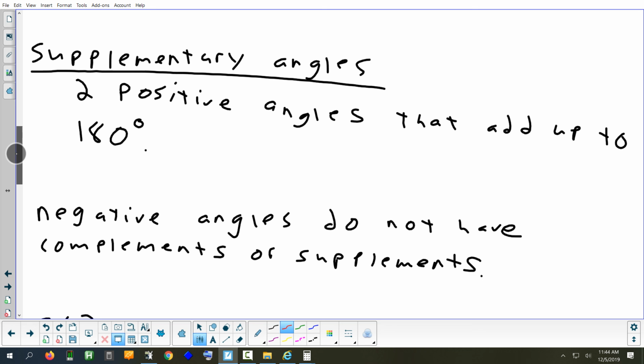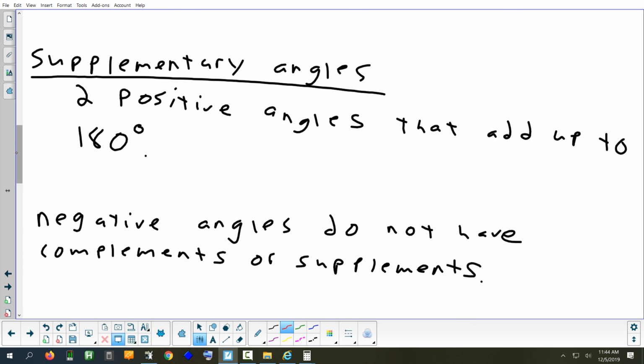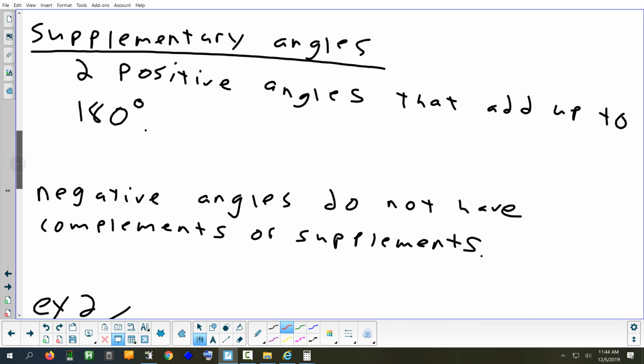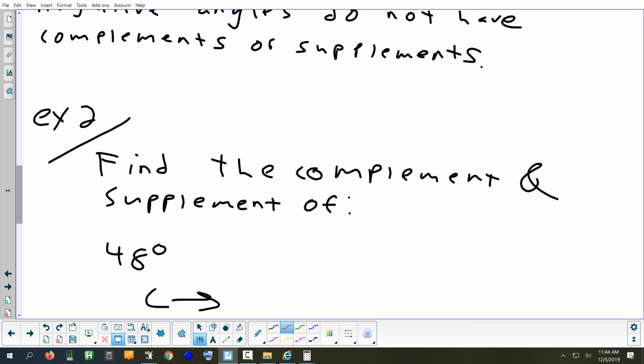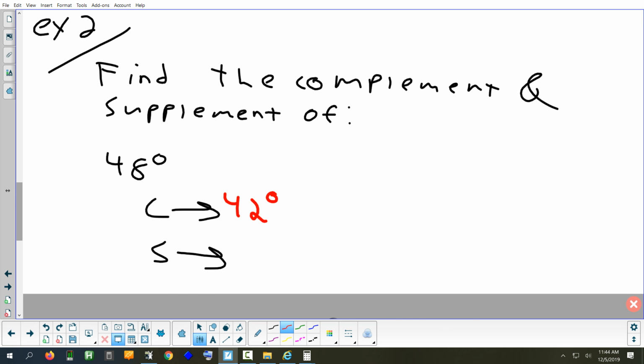So let's practice just finding some complements and supplements. Okay, 48 degrees. What's the complement of 48 degrees? Chris? 42. 42. Yep. And the supplement of 48 degrees?